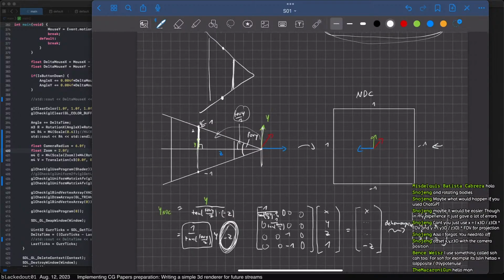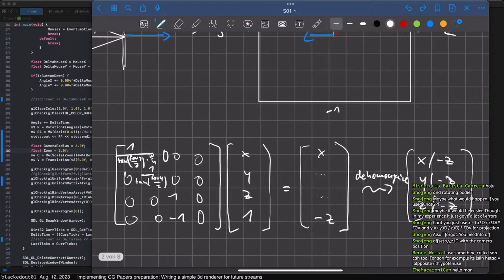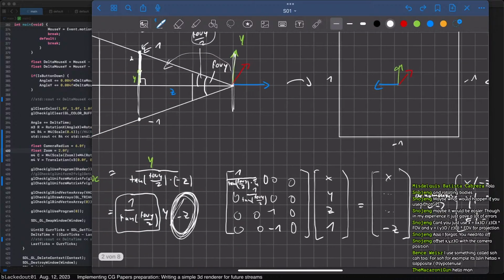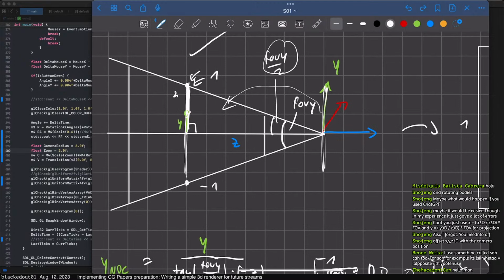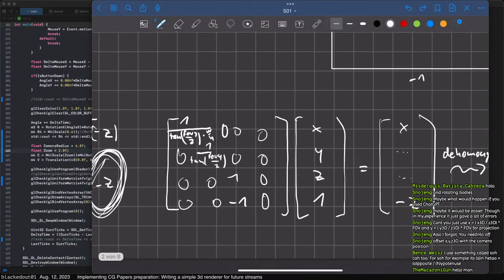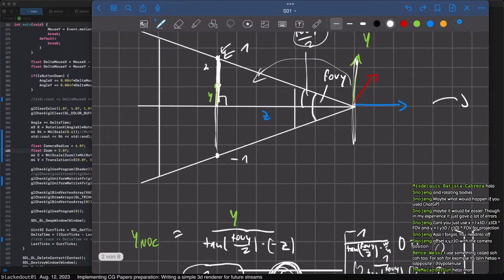Okay, so this is basically the conversion of the x and y. The only problem left is now the z. And the z is a bit more difficult because you can imagine if you were to just divide your z by z, you would just get a constant.